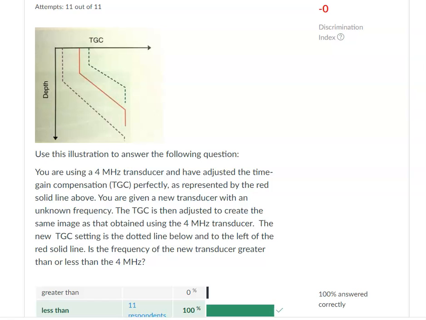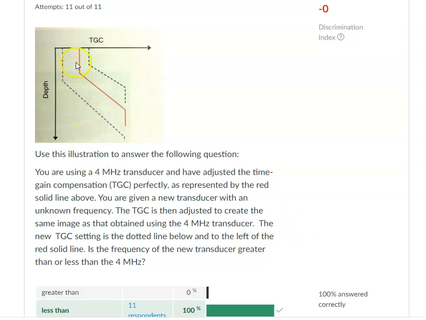Next question. So we saw one similar to this earlier. This is saying that if you're using a 4 megahertz transducer, adjusted the time gain compensation perfectly is represented by the red line. And then you're given a new transducer with an unknown frequency, and we have to make the image look exactly the same as the 4 did.